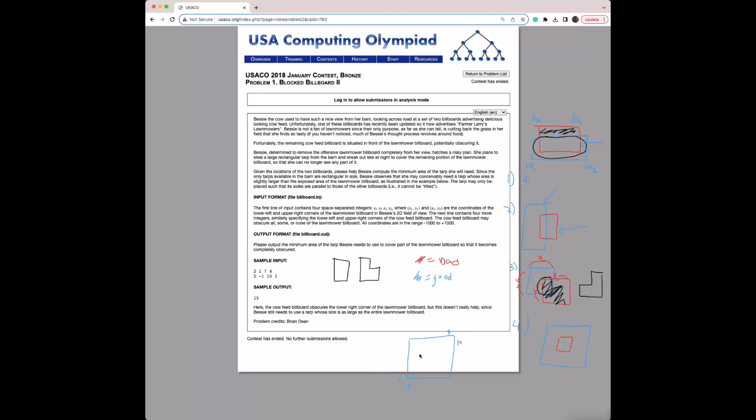And oh yeah, they give the coordinates of the bad billboard first, so we'd have one at 2, 1, and then 7. So it's going to be looking something like this.